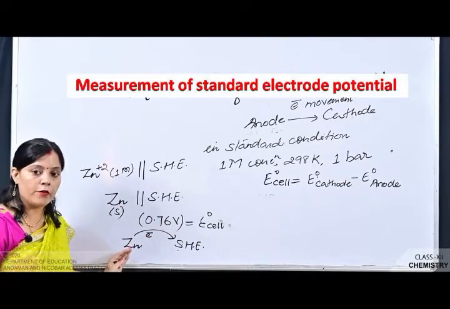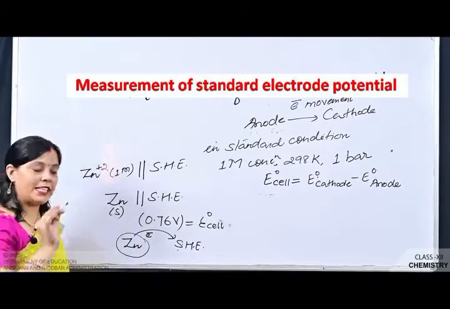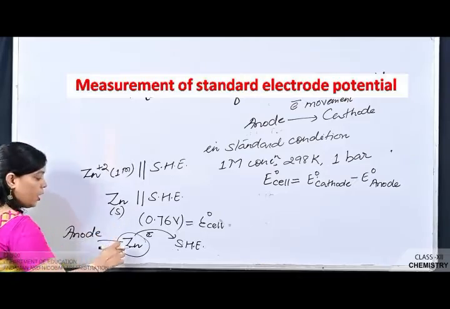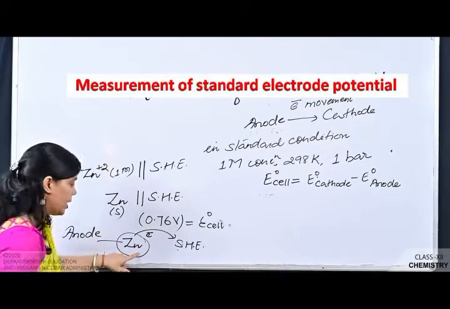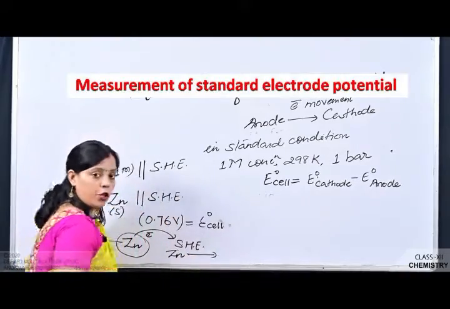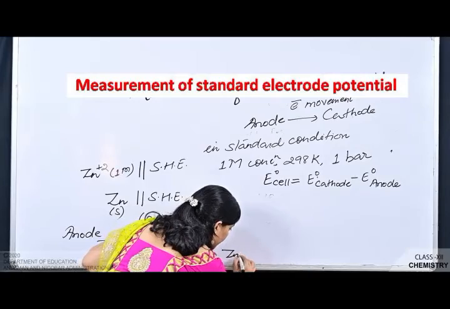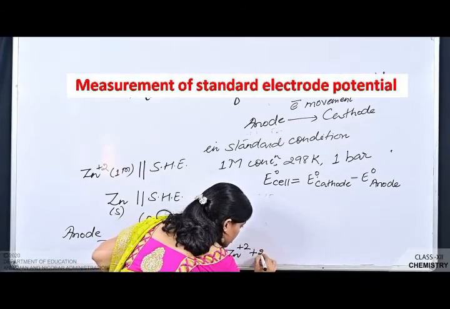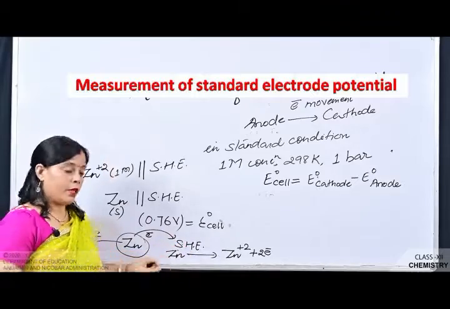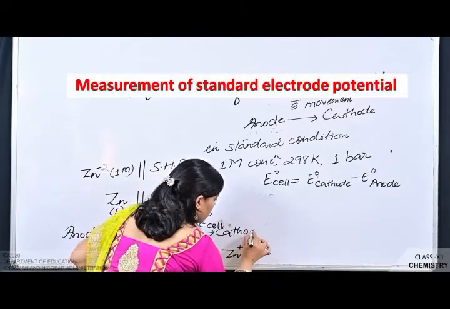The electron is moving from the zinc. It means here the zinc electrode is acting as the anode, and at it the oxidation reaction takes place: zinc liberates 2 electrons, undergoes oxidation and gives Zn2+. The SHE, the standard hydrogen electrode, is acting as the cathode.